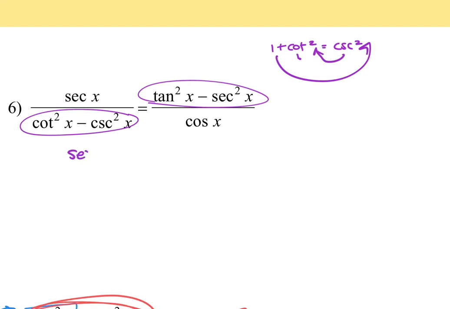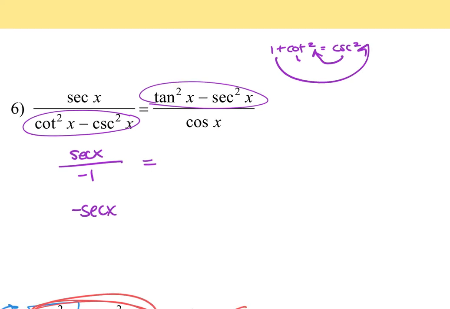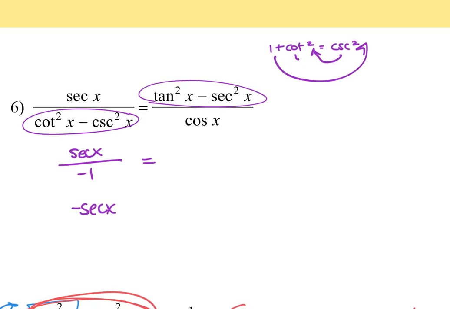That's minus 1. And then that's negative secant x. And then on the right-hand side, you could do the same thing, because 1 plus tan squared equals secant squared. So if now this is on that side, the 1 goes to the other side, that is also minus 1 over cosine. And then minus 1 over cosine is negative secant.